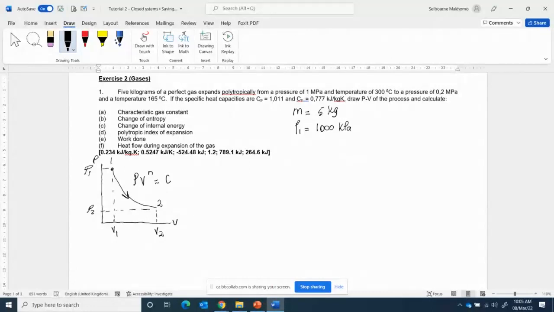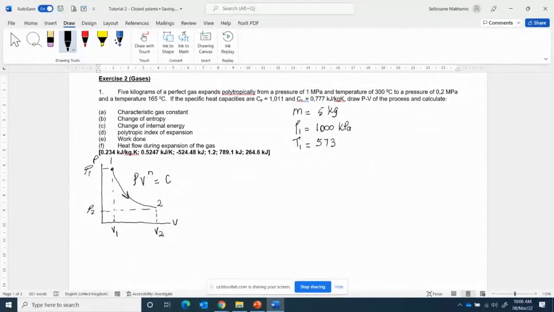The temperature T1 is 300, which is 573 Kelvin.